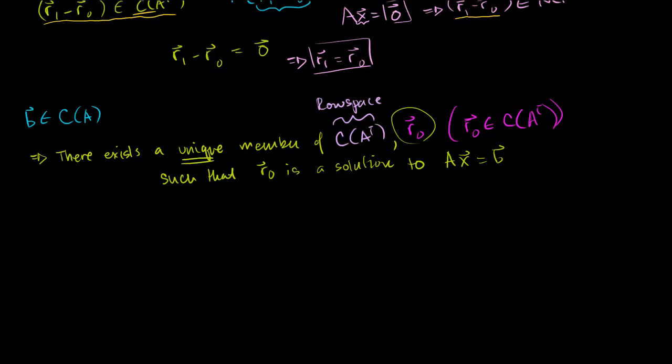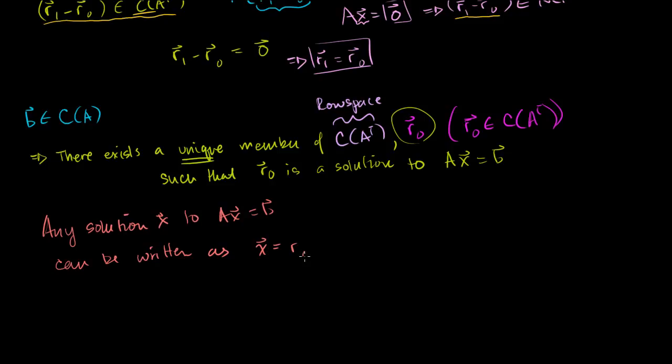We already said that any solution x to Ax is equal to b can be written as a combination of r0 plus n0. Fair enough. Now, what happens if I wanted to take the square of the length of x on both sides of that?